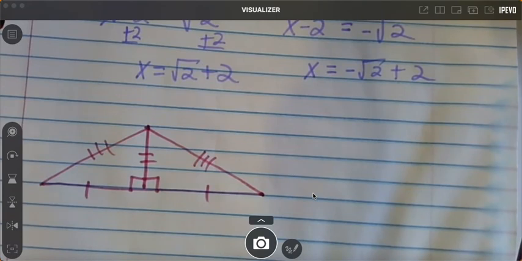Then also we can go backwards from that. They call it the converse of the perpendicular bisector theorem. That's hard to say.